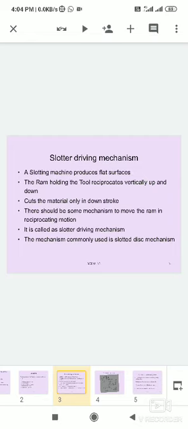The bull gear receives its motion from a pinion, which is driven by an electric motor. The points A and B represent the fixed centers of the bull gear and drive plate. The drive plate is also called the disc plate. The crank pin and slider block rotate about A in a circular path.